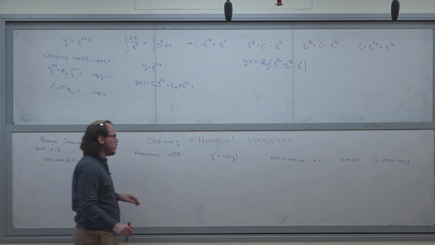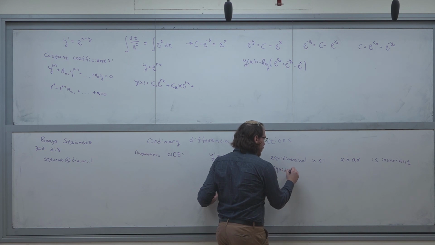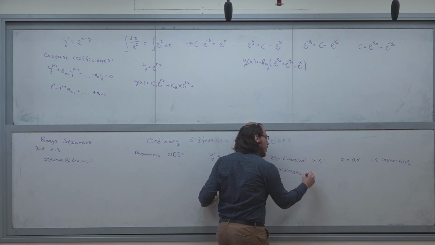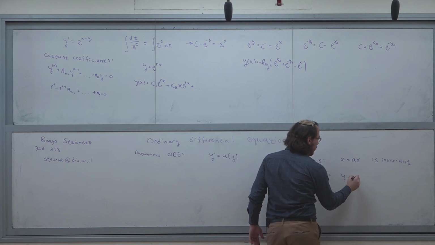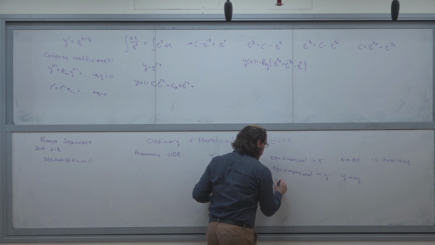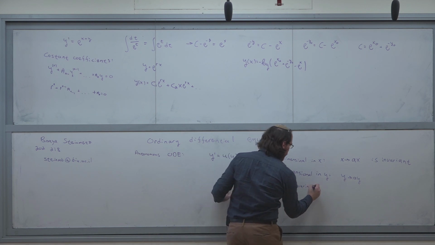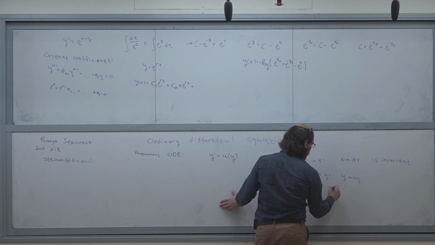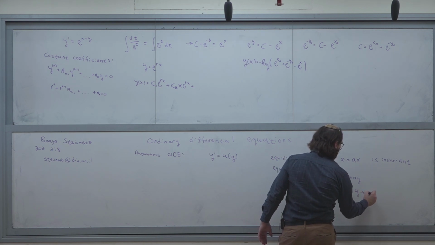Of course there are also equidimensional in y, where y goes to Ay, and we have something called scaling invariant, where x goes to Ax and y goes to A to the p times y.